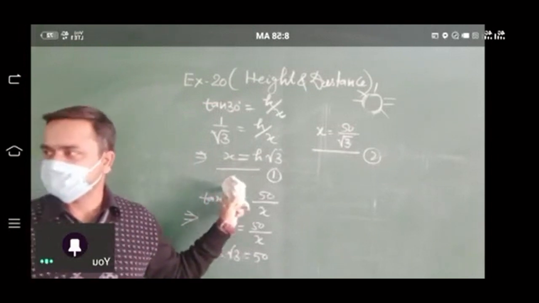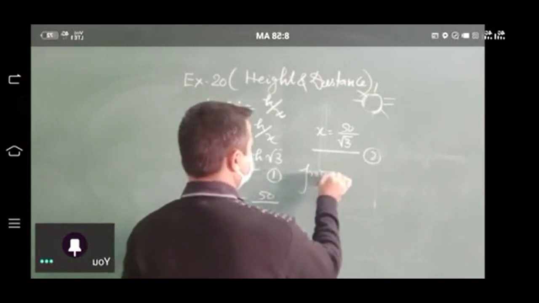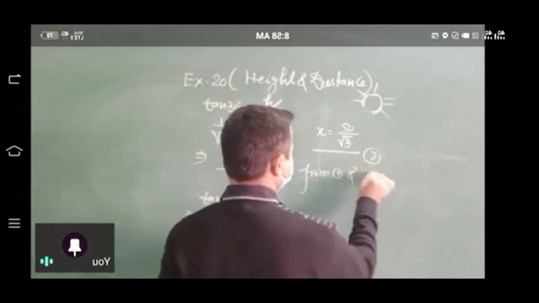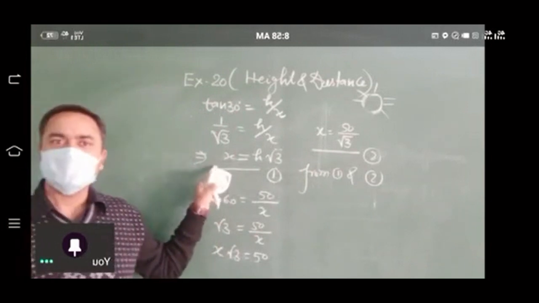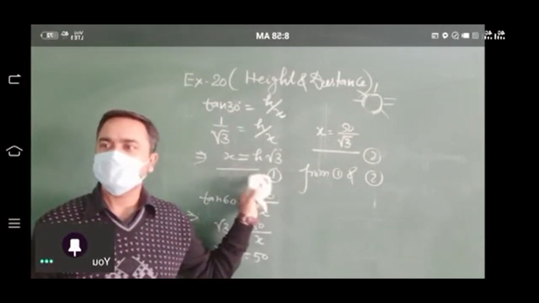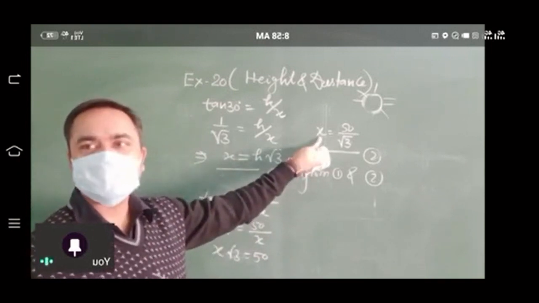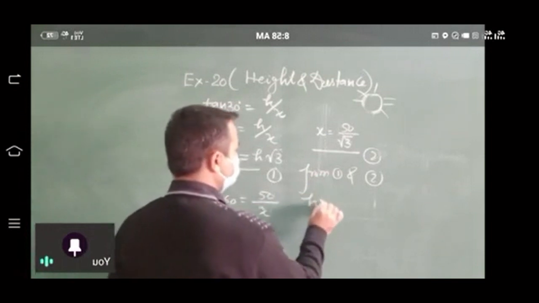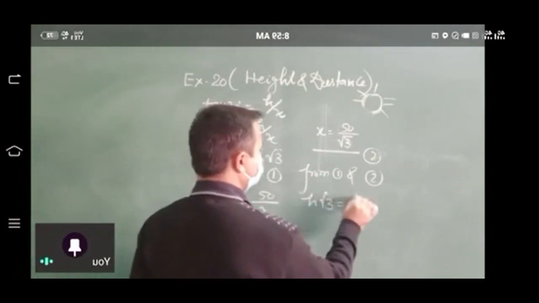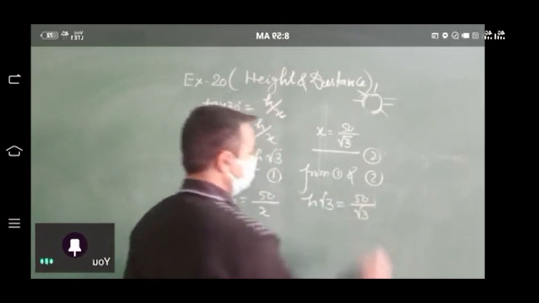So from first and second, see, what is the value of x from first? x equals h under root 3. So put here x equals h under root 3. If you are putting h under root 3, then this is equal to 50 upon under root 3.